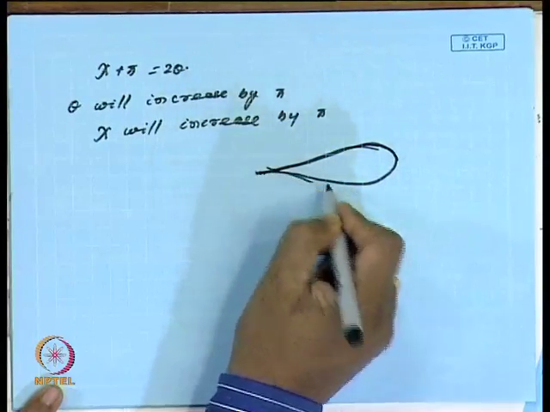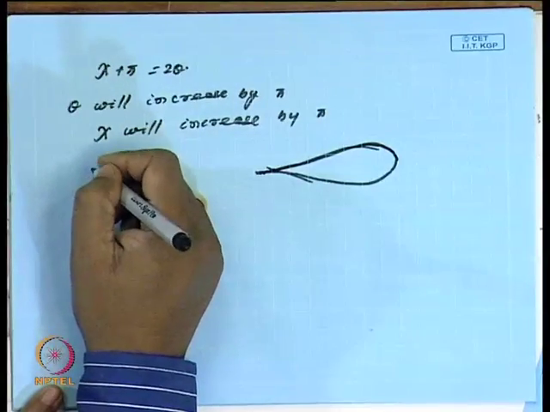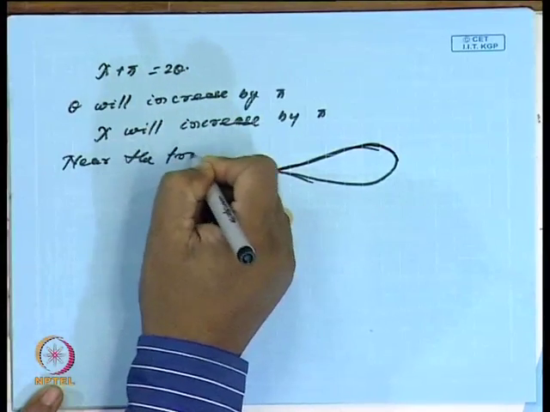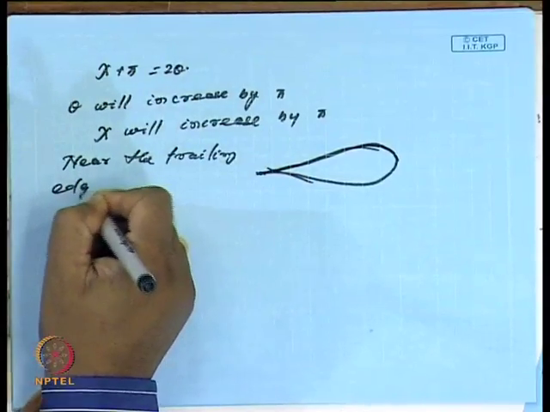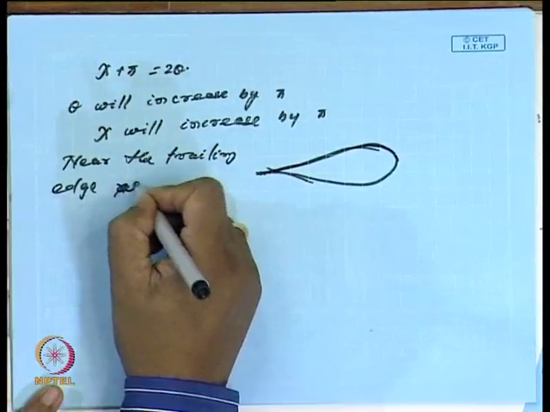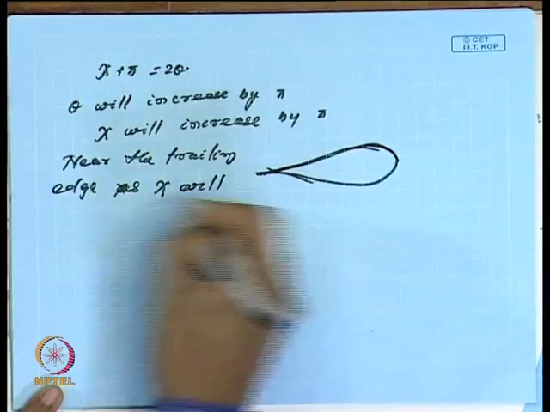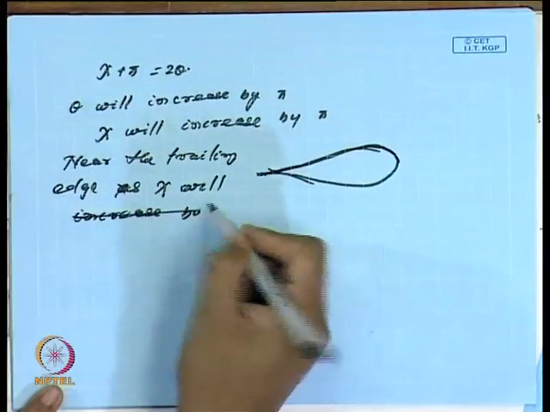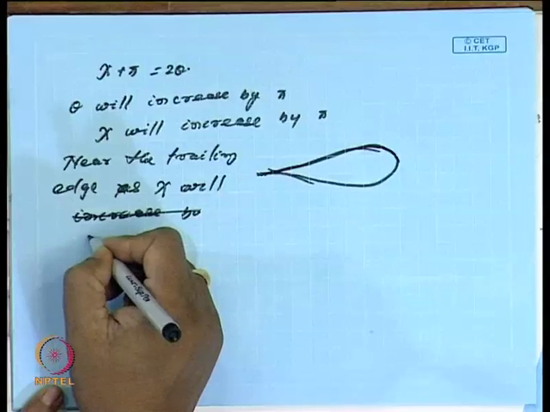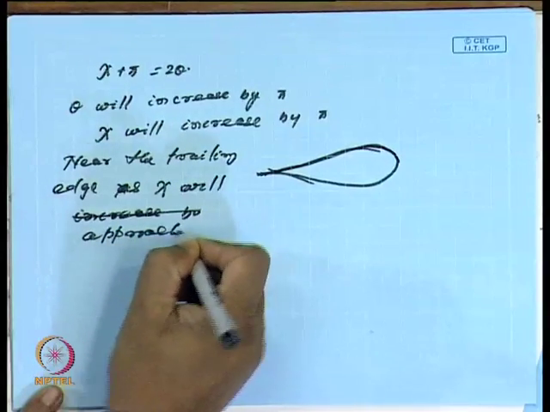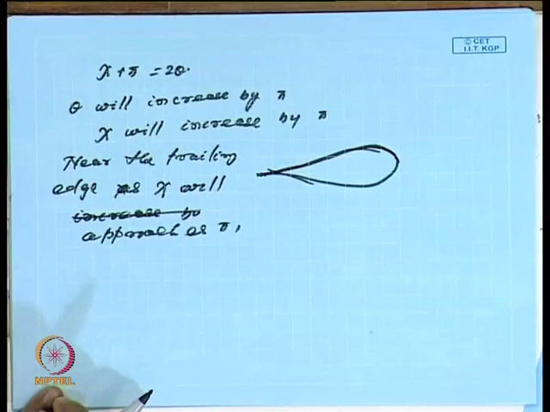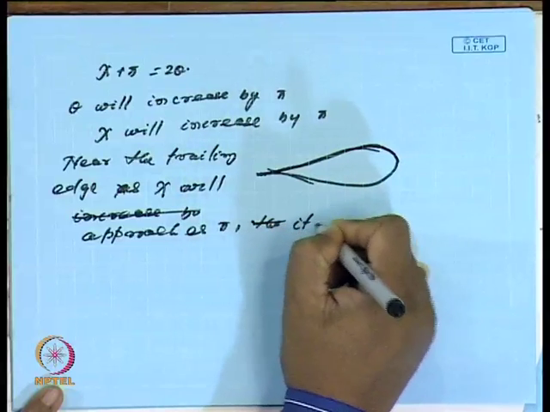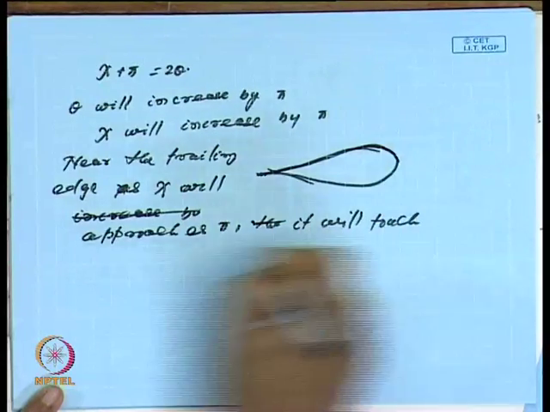There are 2 points, and again what will happen near the trailing edge, as chi will increase by pi, as the angle chi will tend to pi, it will touch the trailing edge.